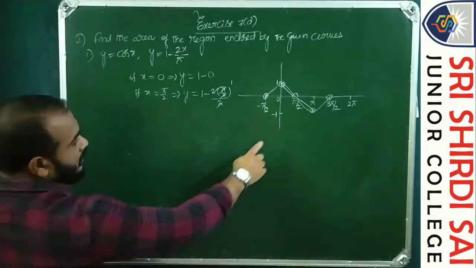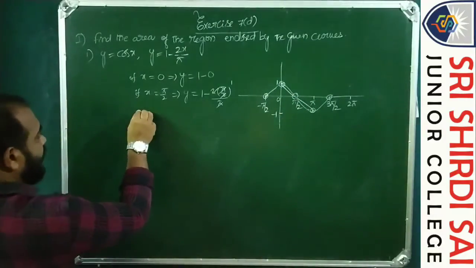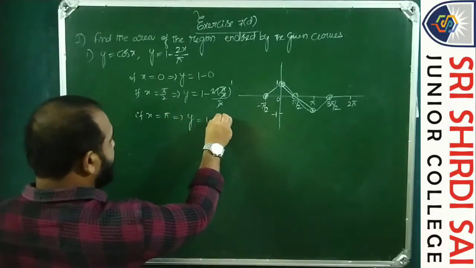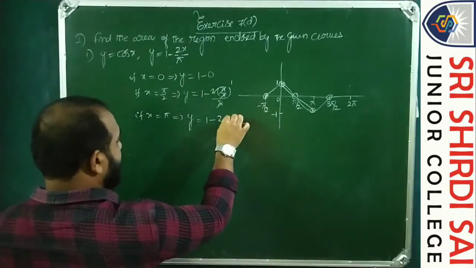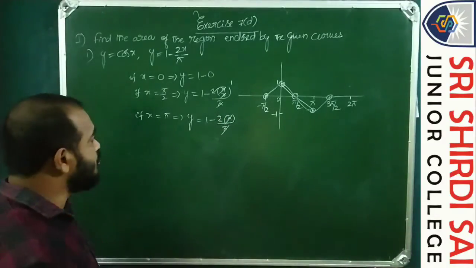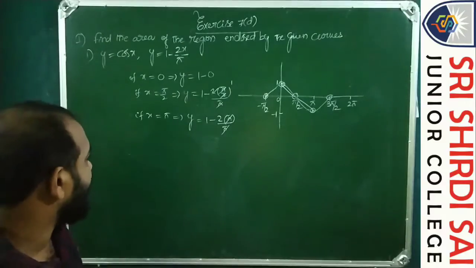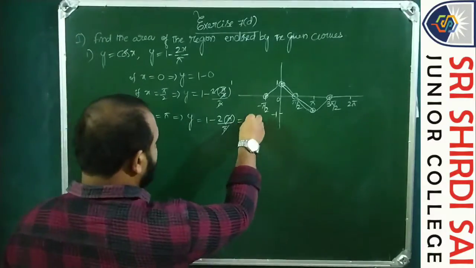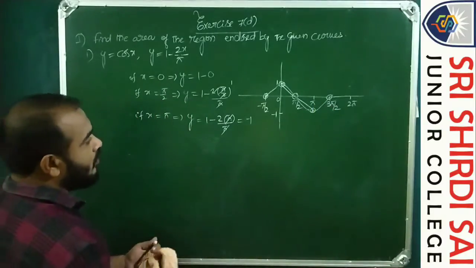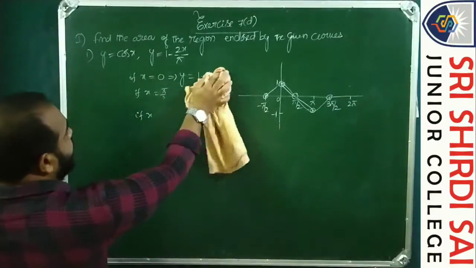And if x equals pi, then y equals 1 minus 2 into pi by pi. Pi cancels, 1 minus 2 equals minus 1. So this is pi, minus 1. Therefore, this is the area we get.